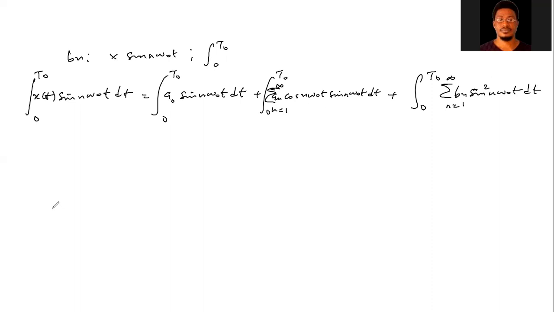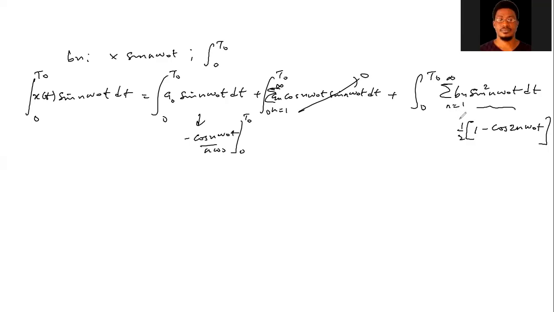So once we integrate again, this is going to give us negative cos(n ω0 t) over n ω0, over the limit of integration 0 to T0. Once again, this reduces to 0, and then this also reduces to 0, and then we have sin squared(n ω0 t). And we already know that sin squared(n ω0 t) is the same as 1 over 2 times the bracket 1 minus cos(2n ω0 t), using your trigonometric identity.